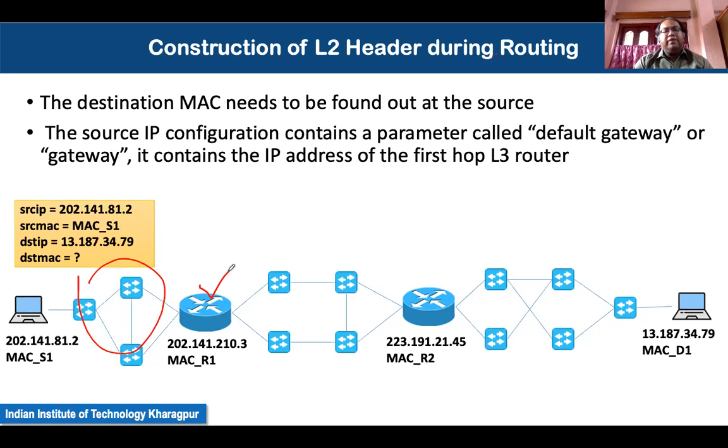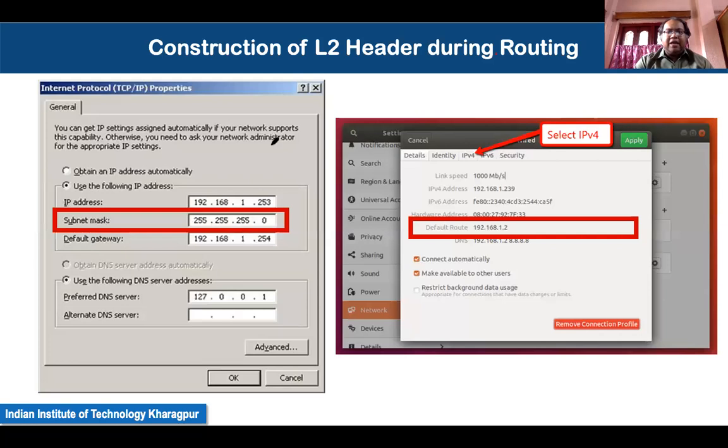Now, whenever you are doing your IP configuration, you need to set up the IP address of your first hop router, and the IP of this first hop router is called the default gateway. For example, here I have given two instances from the Windows IP configuration and the Linux IP configuration.